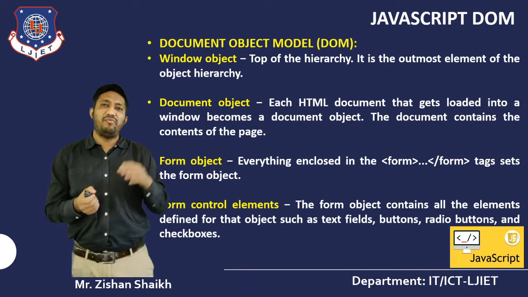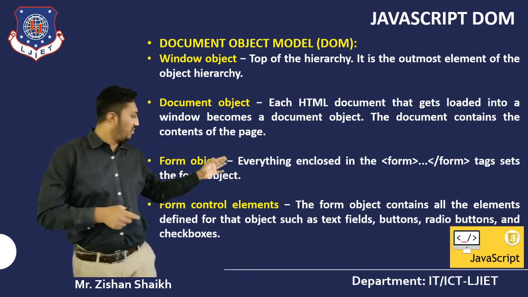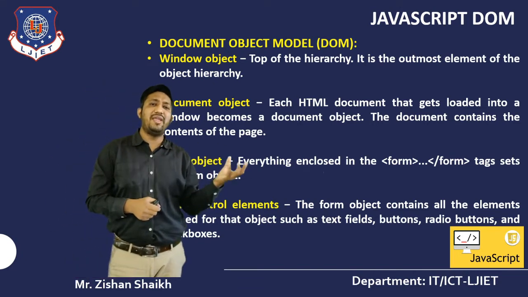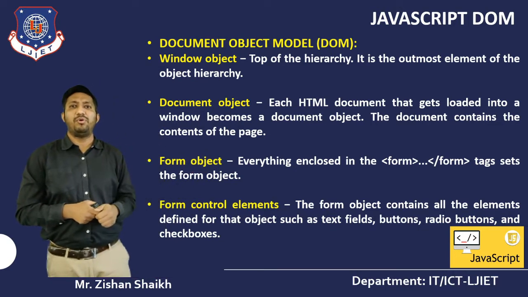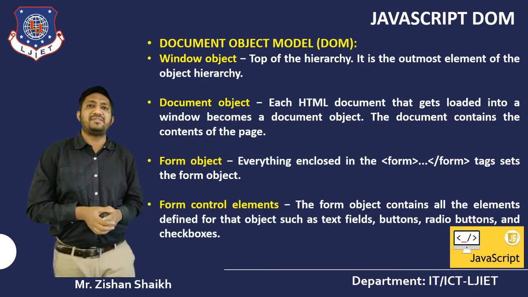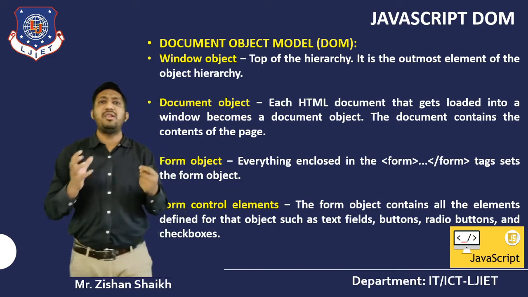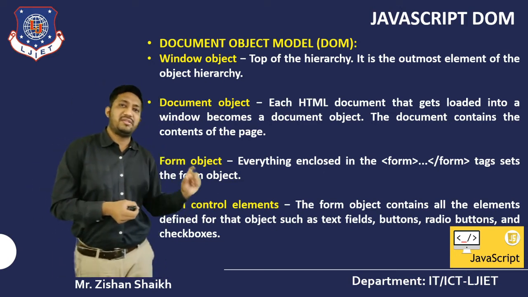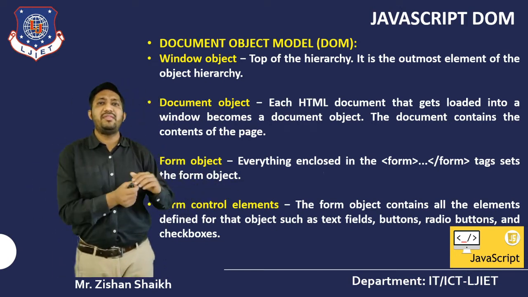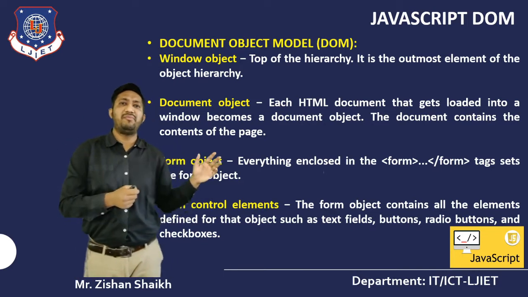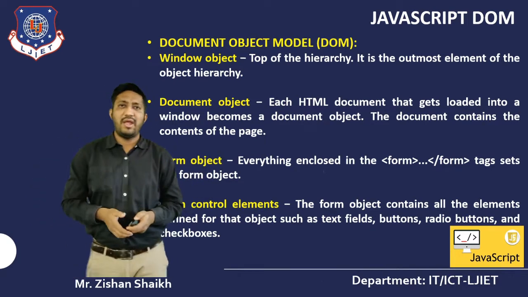The form object covers whatever we write inside the form tag. And the form object contains all the elements defined by text fields, buttons and the interaction between them, which is handled by form control elements.